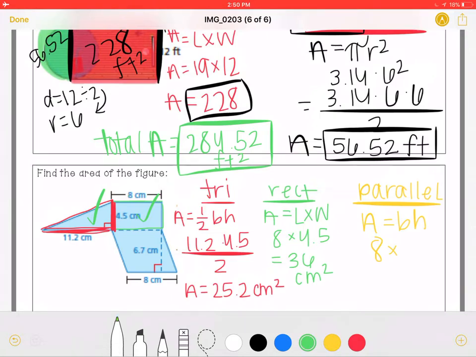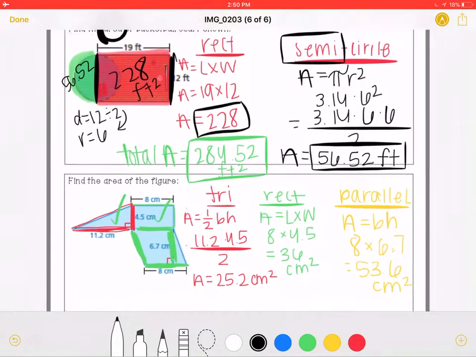It would never be the height of like this diagonal. That's not the height, that's the diagonal. Height would be from the bottom base to the top base. That's your height. So we're gonna do 8 times 6.7. When you multiply those together, you get 53.6 centimeters squared.